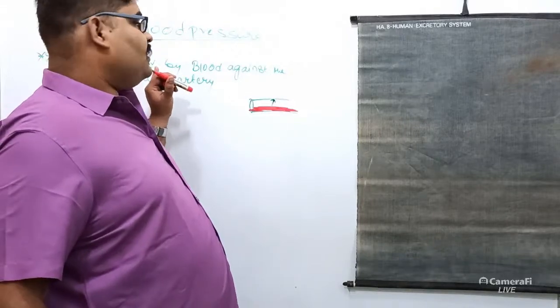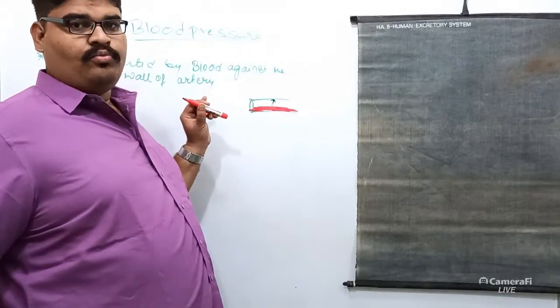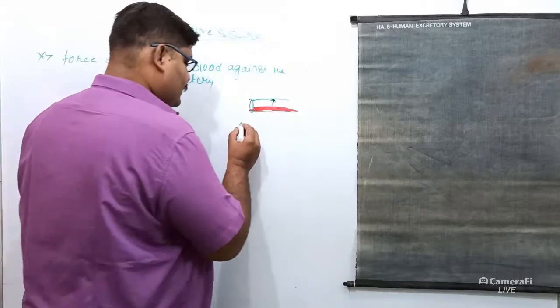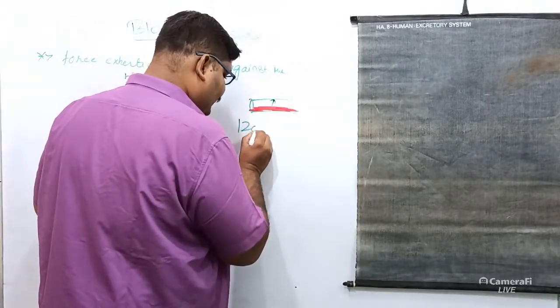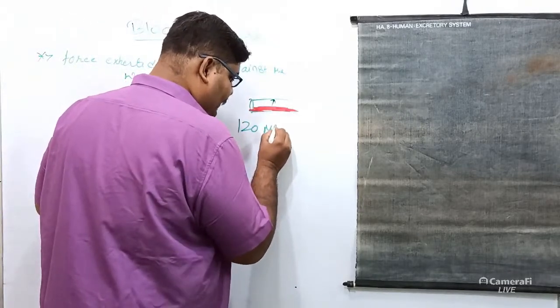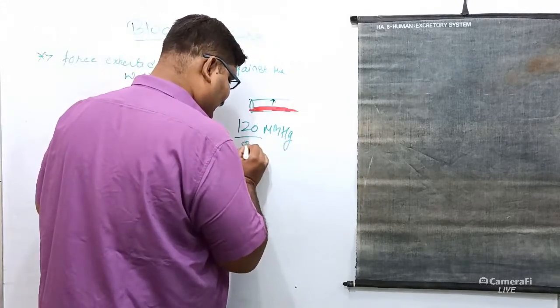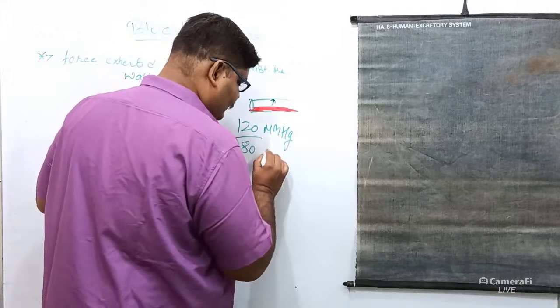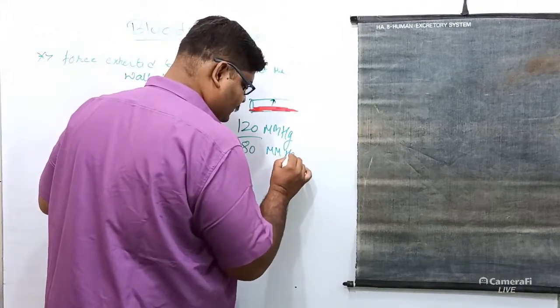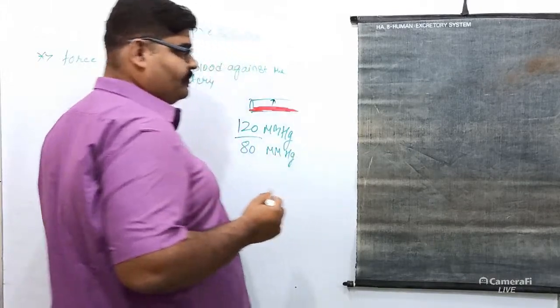The normal blood pressure of a human being is 120 millimeter mercury by 80 mmHg, that is millimeter mercury.